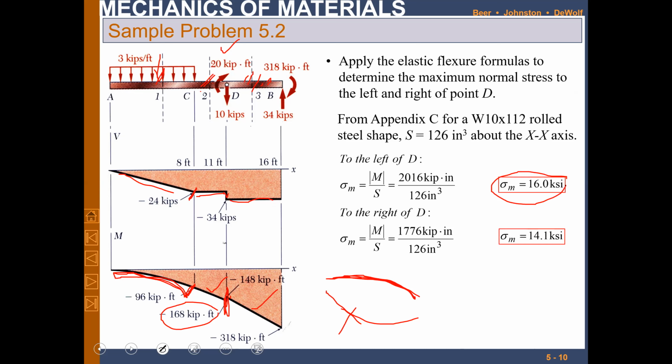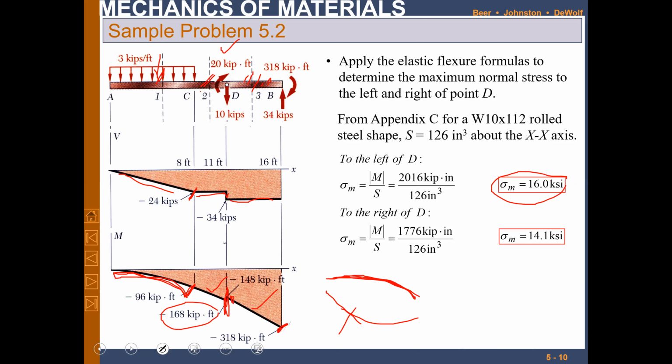And just after that, it will be minus 148, from this point to the right of the D. To the right of the D, it will be 148. 318 is over here, don't confuse it.